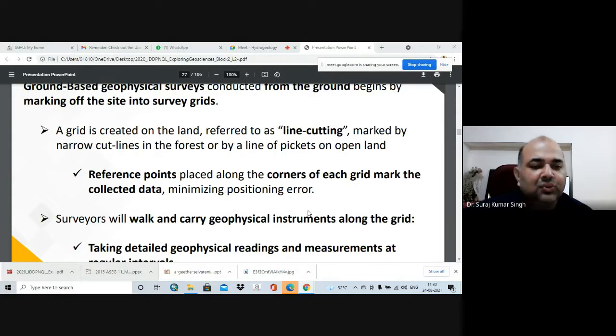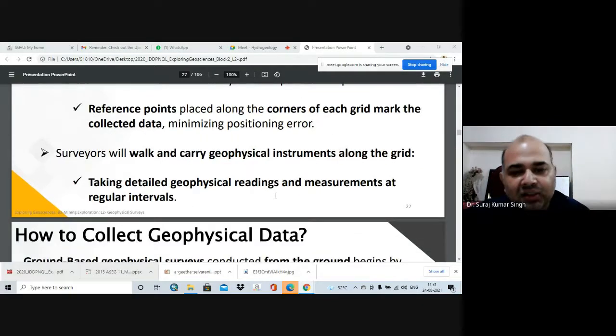Unless you have a reference point, how can you say where you are located? If I say I am right now in this place, Dipanshu is at X location, Deepika is at Y location, how is it possible to know where you are located? So you need a reference point. Prior to going into the field, whenever you're dividing the area into various grids, you have to use various reference points like benchmarks.